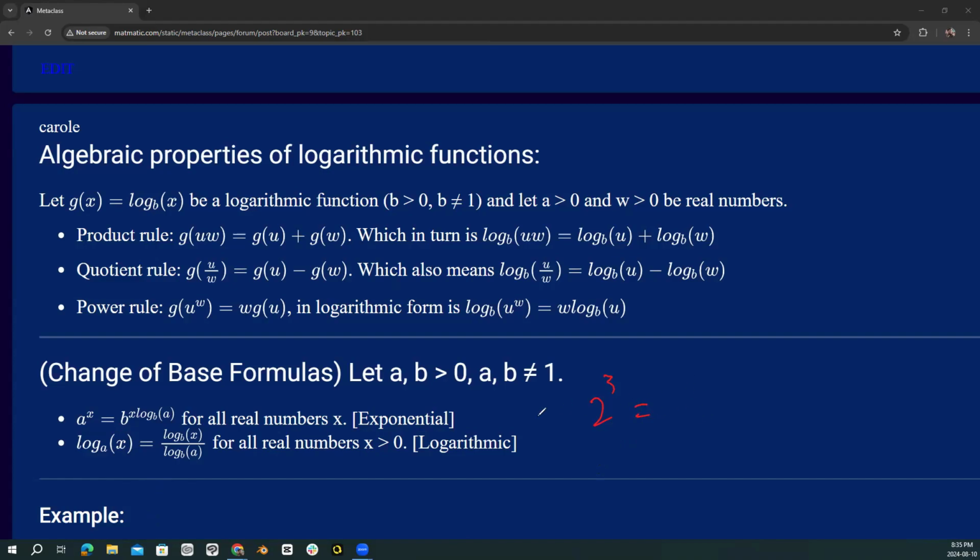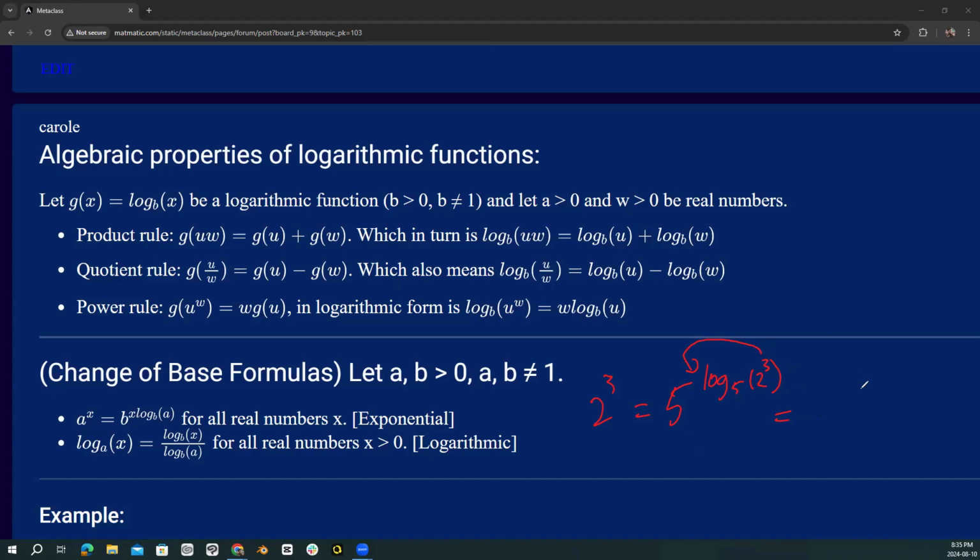First we can just convert this, let's just write it like this for now. 5, 2, 4, 3. Okay, as you can see, I haven't used the power rule yet to bring this 3 over here, but we can do that right now.